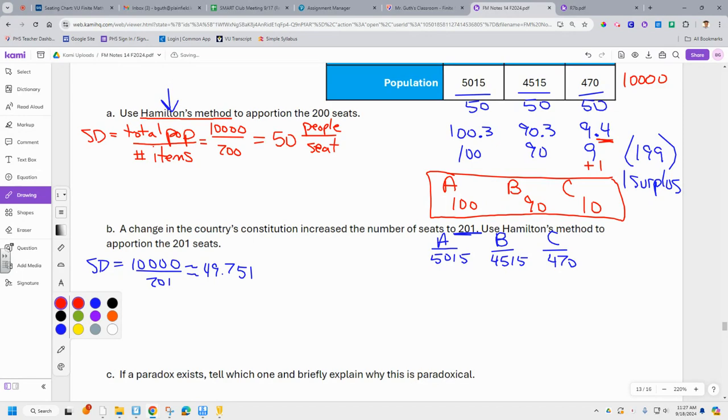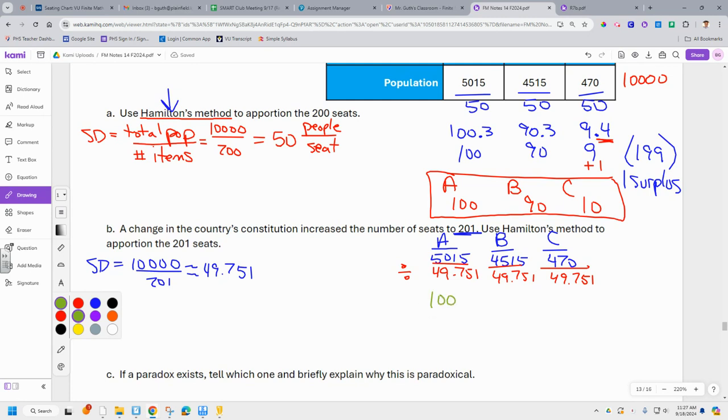And we're going to divide by that 49.751.